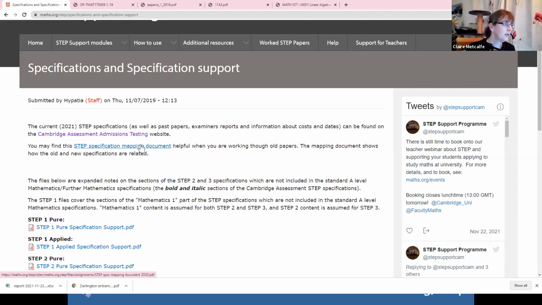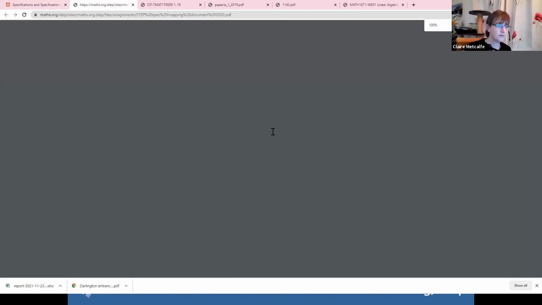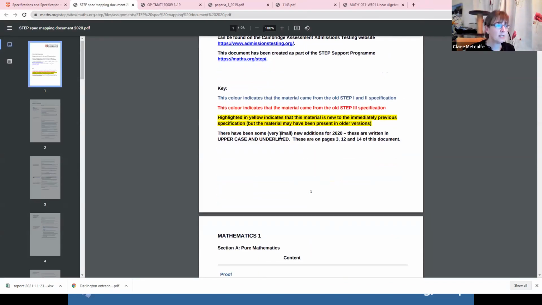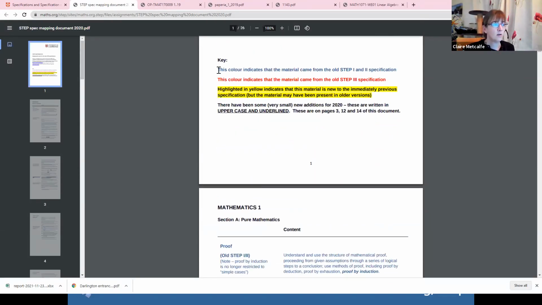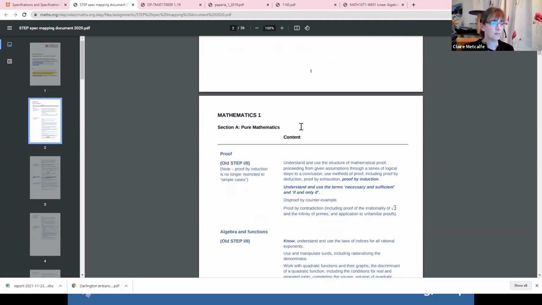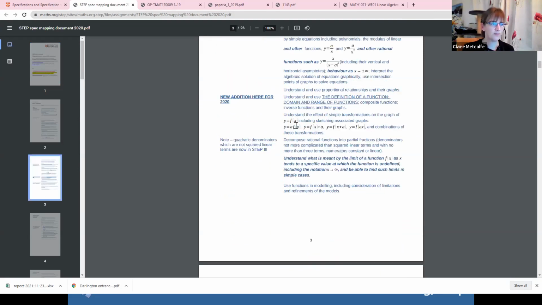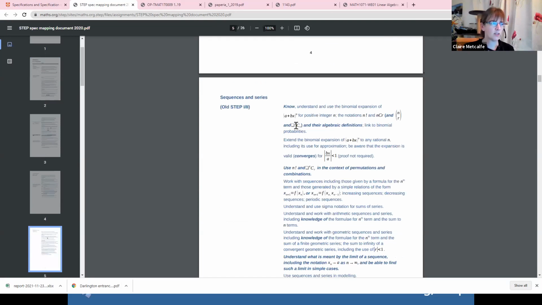The mapping document, which I mentioned, indicates parts of the spec that came from the old STEP 1 and STEP 2 specification, and the parts of the spec that come from the old STEP 3 specification. I've color coded it in blue and red, and there are some bits which are new compared to the old specifications, so that there's not a lot of surprises.